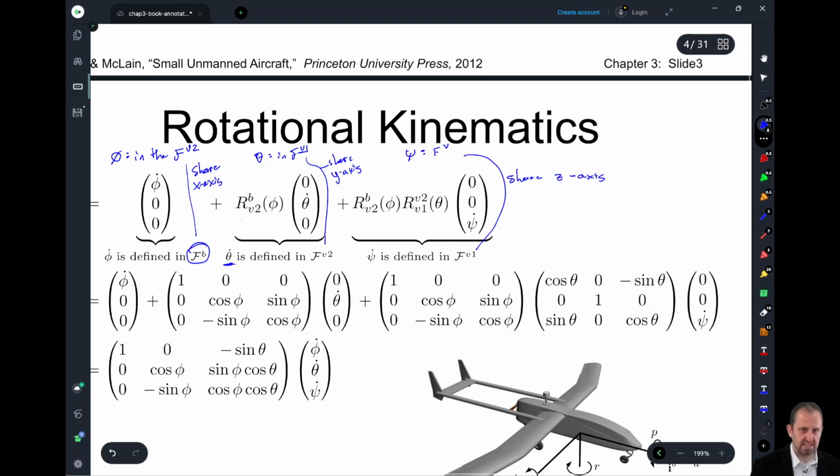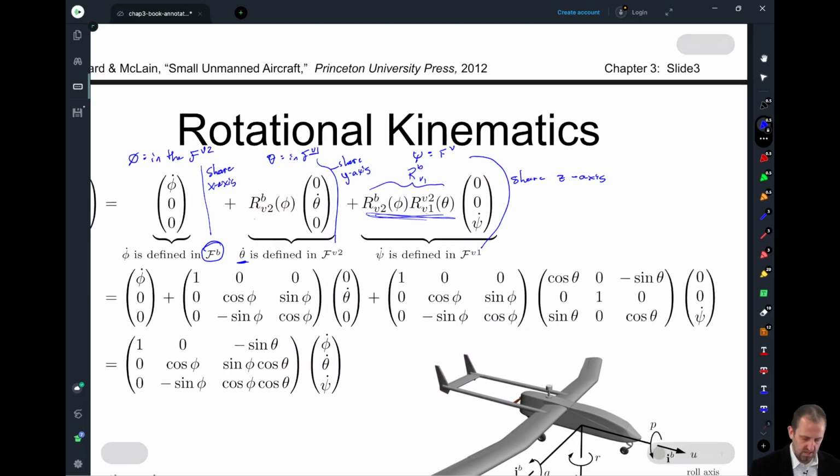So we can talk about the time derivative in either the vehicle 1 or vehicle frame. So if we get psi dot, then all we have to do is multiply that time derivative by the rotation matrix, and again, this is just R from v1 to our body frame. We're just chaining those together.